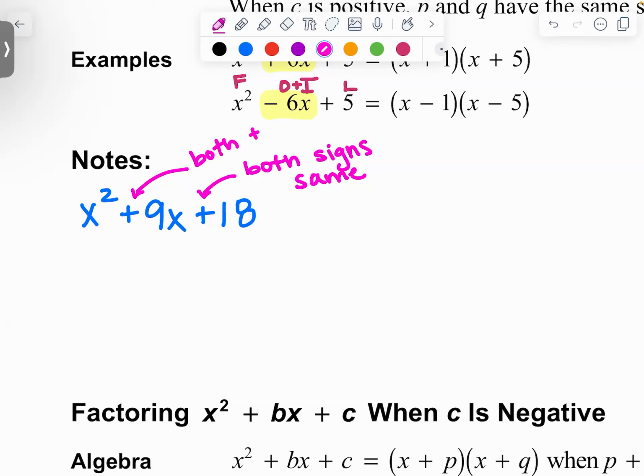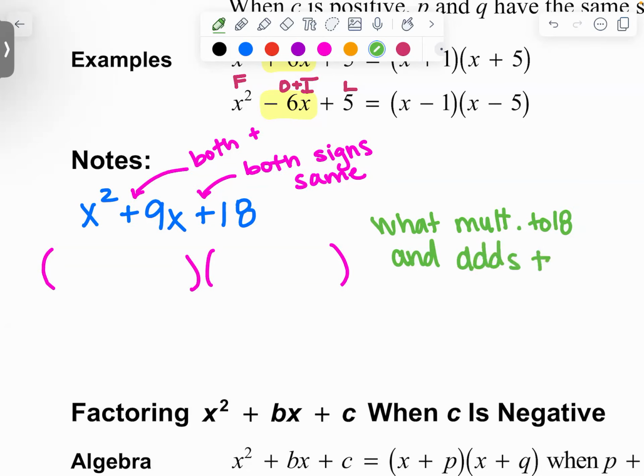When we go to factor this out, this is what we need to ask ourselves: what multiplies to 18 and adds to 9? We want two numbers that multiply to 18 and add to be that middle number right there.